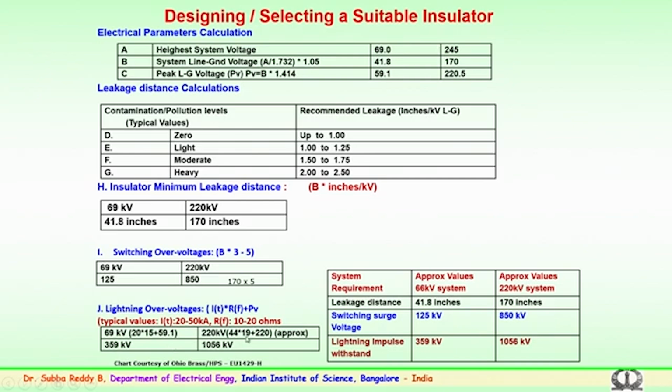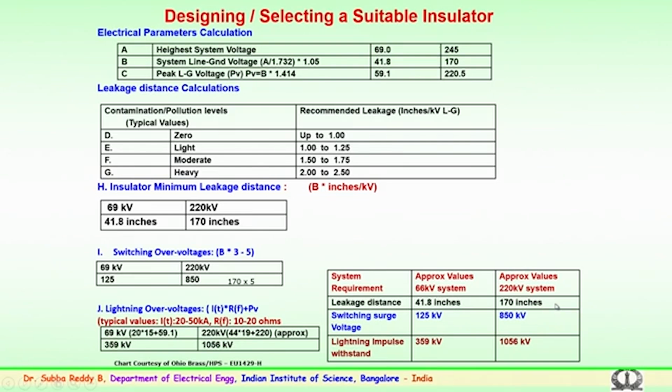So, for a 220 kV system, I have considered 44 kilo amps, somewhere 19 ohms plus 220 kV approximately. This gives 1056 kV if you want to maintain the insulation level for lightning over voltage. For switching it is 850, for lightning 1056 kV.